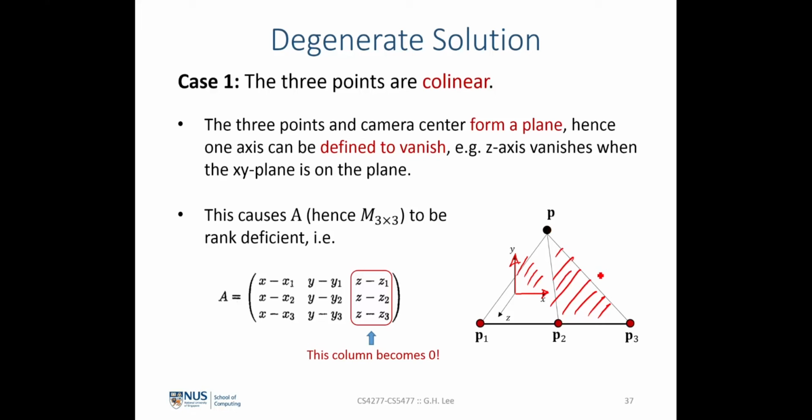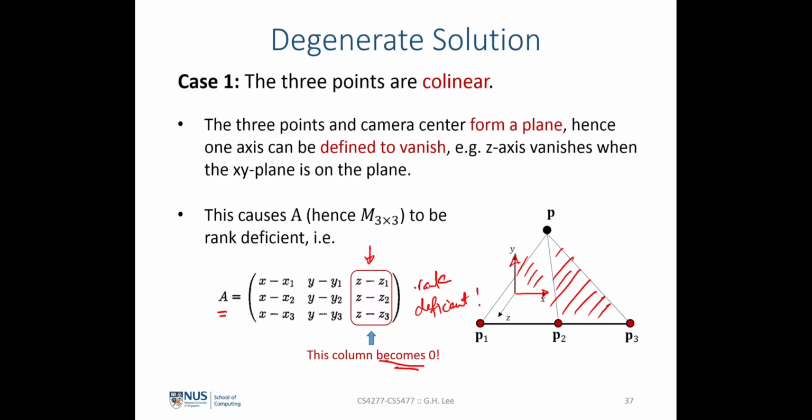If we look at the A matrix, because the A matrix is simply the difference between the respective entries in our camera center and the respective entries in the 3D point, we can see that the last column vanishes. When the XY plane of the world frame aligns with the plane formed by P and all the other 3 points, they would all have the same Z coordinates. This means that the last column becomes 0, which means that A becomes rank deficient.